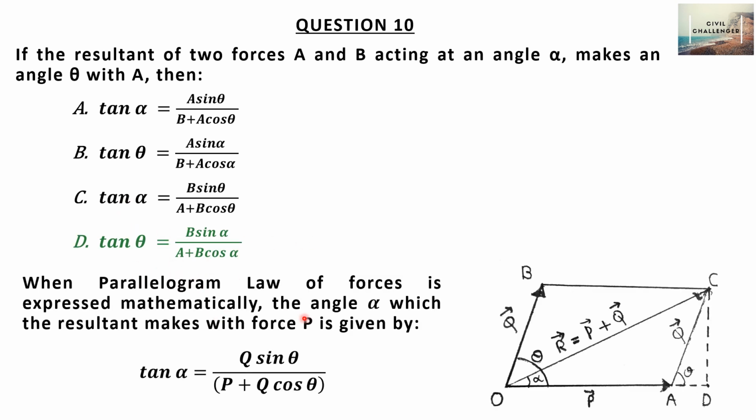Okay, we have seen that the angle alpha that the resultant will make with P is equal to Q sin theta divided by P plus Q cos theta. So in this problem, theta is the angle between P and Q. In this diagram, theta is the angle between P and Q. But in the question, it's given that two forces A and B are acting at an angle alpha, and the resultant is making an angle theta with A. So substituting, we get that the angle between the resultant and the first force is theta.